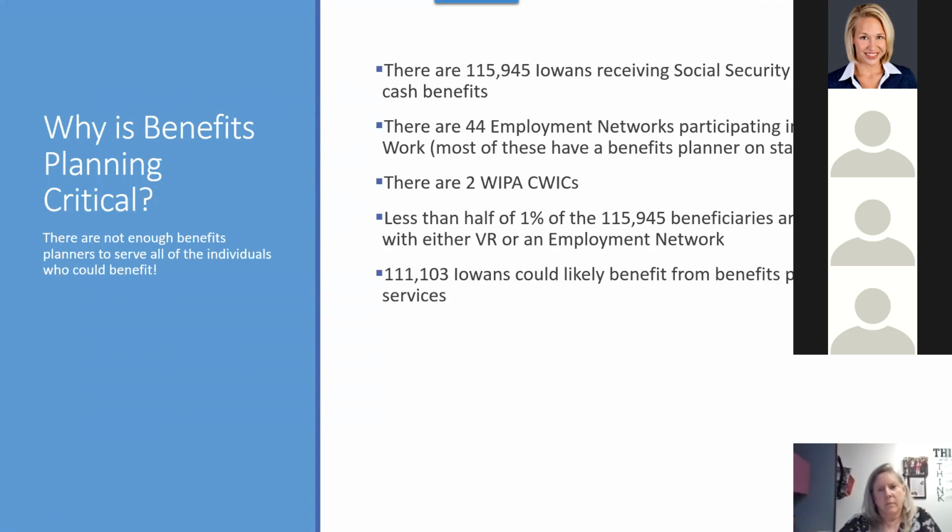So we're really not able to currently serve everybody due to capacity issues. If you look at it that way, there's over 100,000 people that could probably benefit from benefits planning services and just better, more accurate information about how work impacts those benefits.